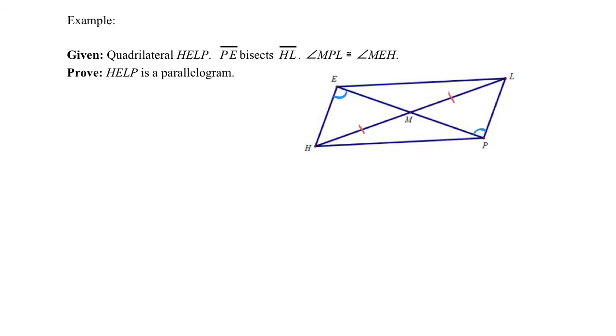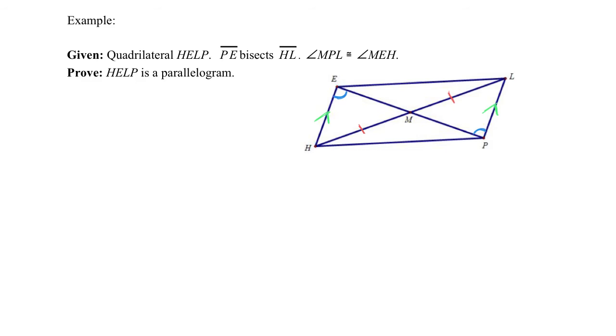So if I were to structure this proof, what I might do is I might go, okay, well, I've got this angle congruent to that one. That proves, because alternate interior angles are congruent, that HE is parallel to LP. Okay, but that's not enough to prove.